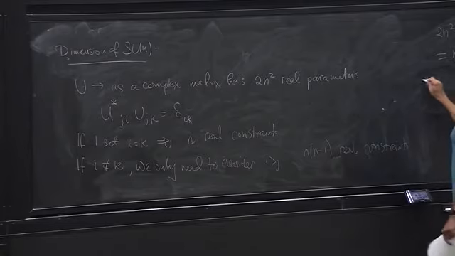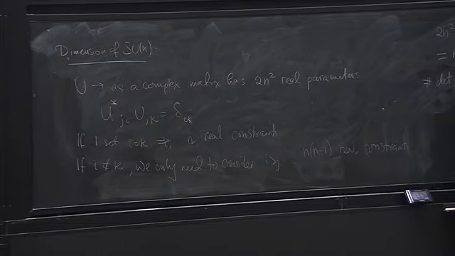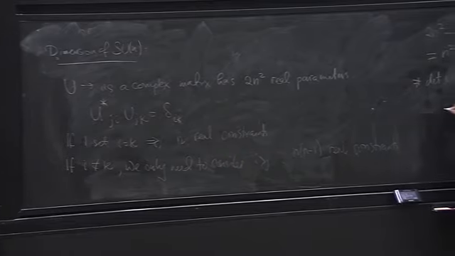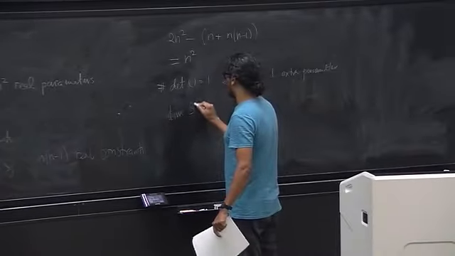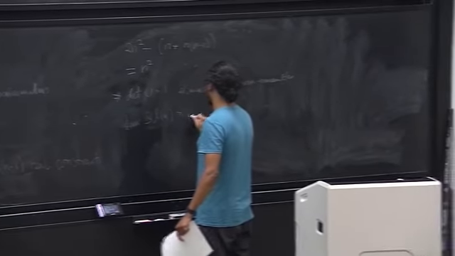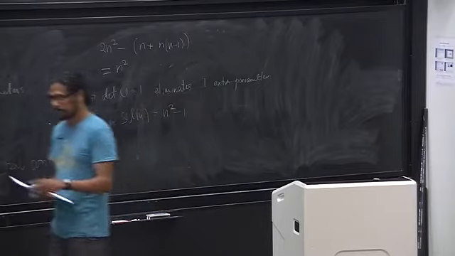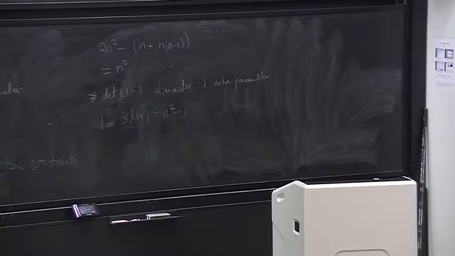The additional condition determinant of U equals 1 is one real equation, as you can verify, and it eliminates the one extra parameter. So we find that the dimension of SUN is n squared minus 1. Let me make a comment about its relationship with UN.